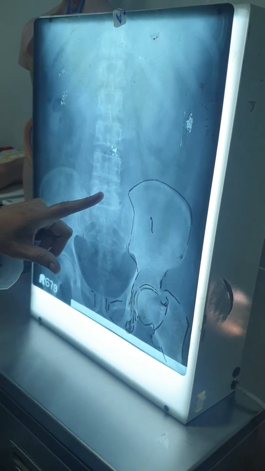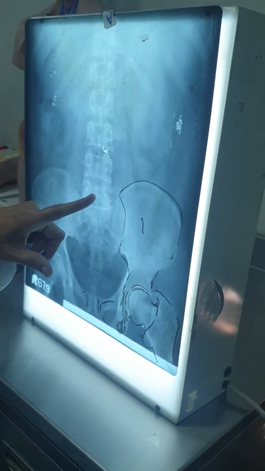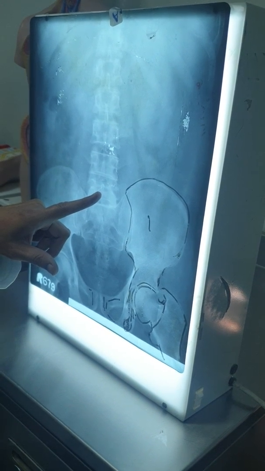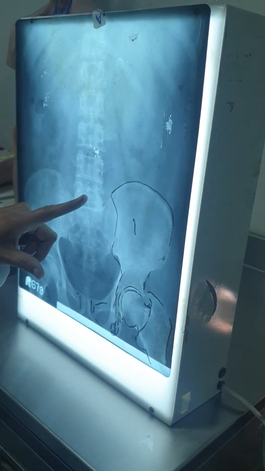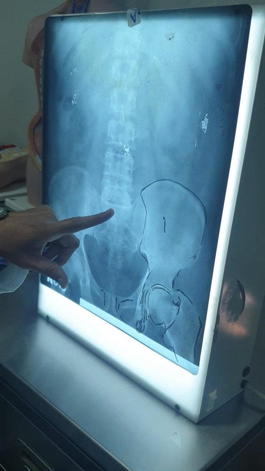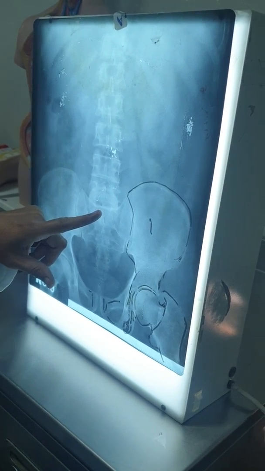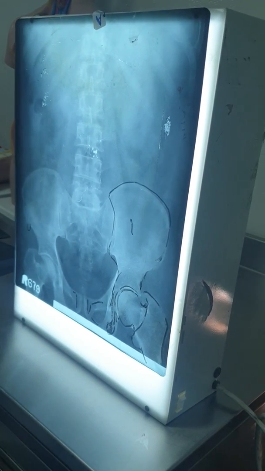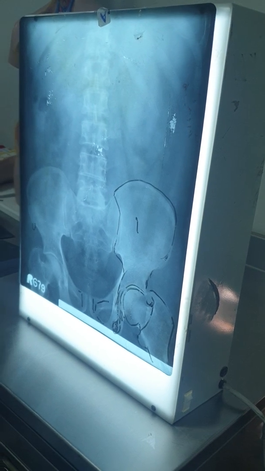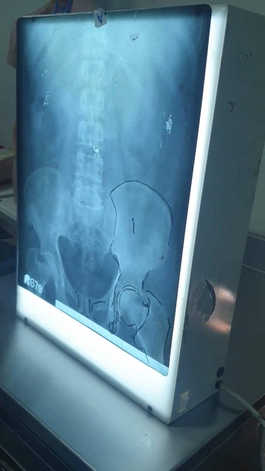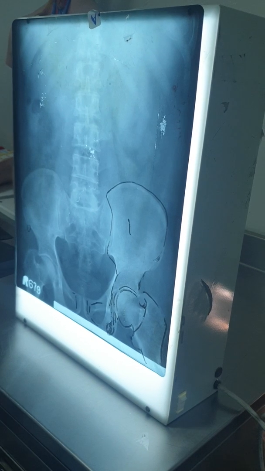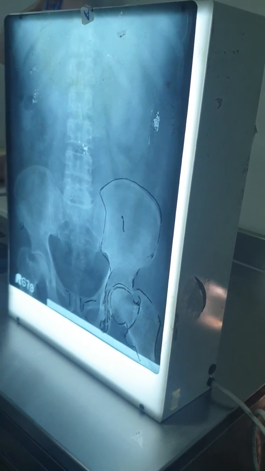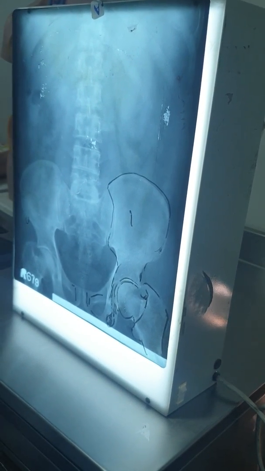It is called lumbarization of the sacrum. Common abnormalities. Sometimes the sacral one is separate from the sacral bone. It is called sacralization of the sacrum.